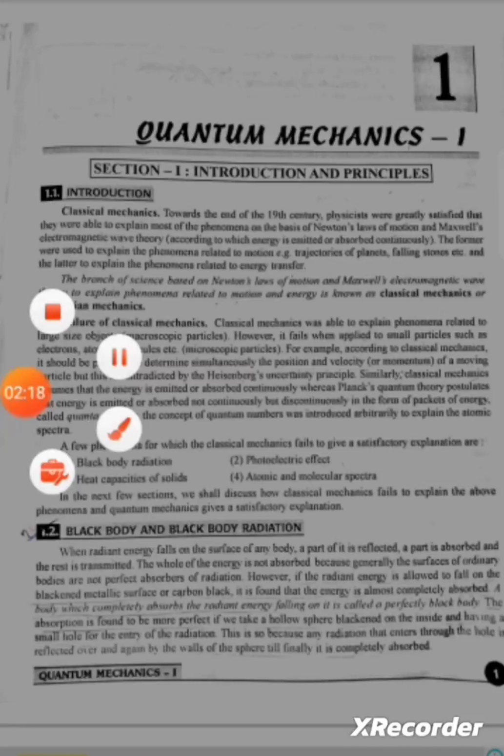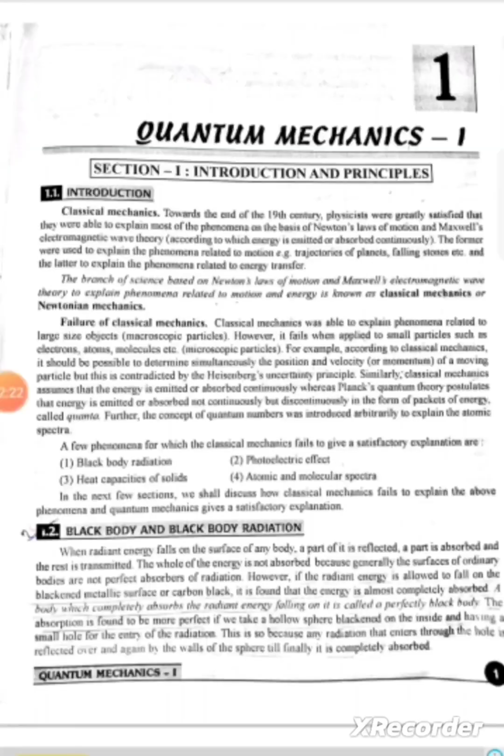A few phenomena for which classical mechanics failed to give a satisfactory explanation are black body radiation, photoelectric effect, heat capacity of solids, and atomic and molecular spectra. In the next section, we will discuss how classical mechanics failed to explain the above phenomena and how quantum mechanics gives a satisfactory explanation.